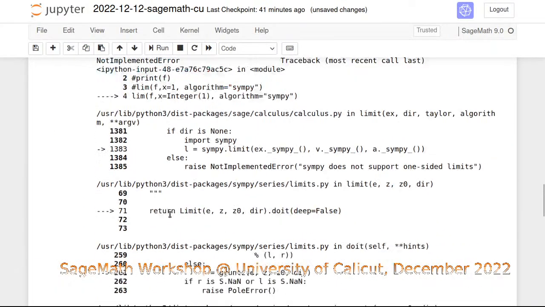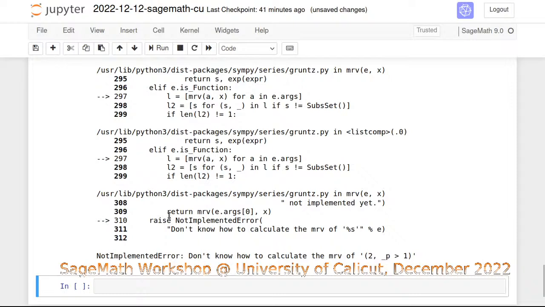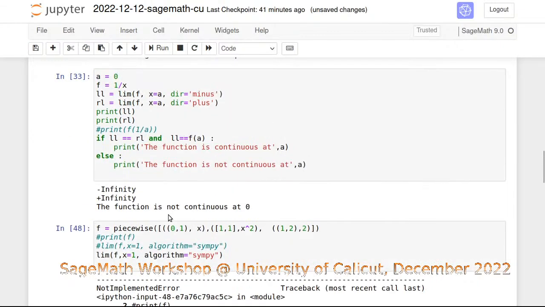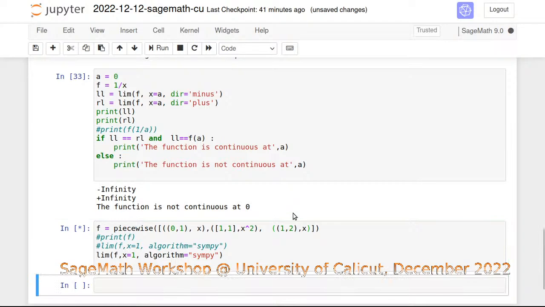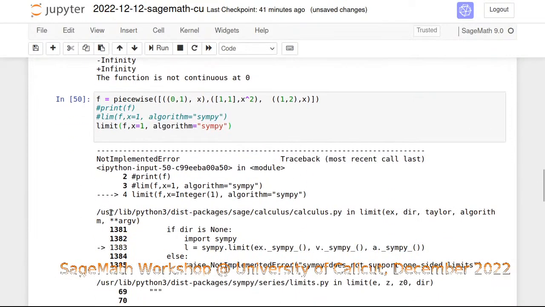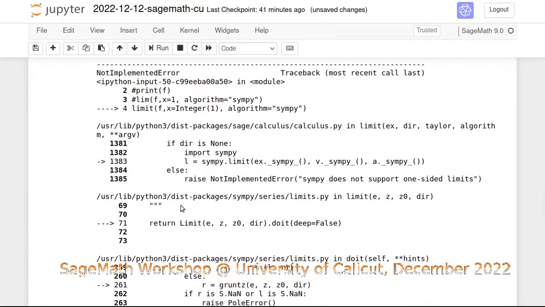No, that is still not implemented. Something, it's unable to, it really does not depend on x after simplification. Okay, maybe I will put one more x here. Will it work in that case? No, it seems that there is some problem still.